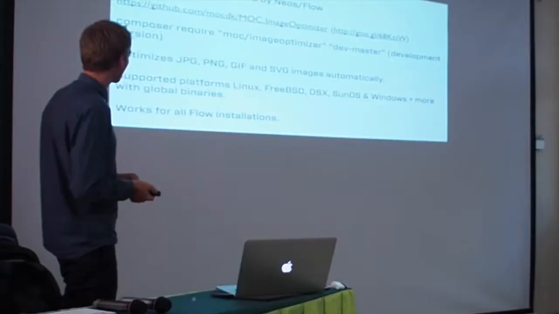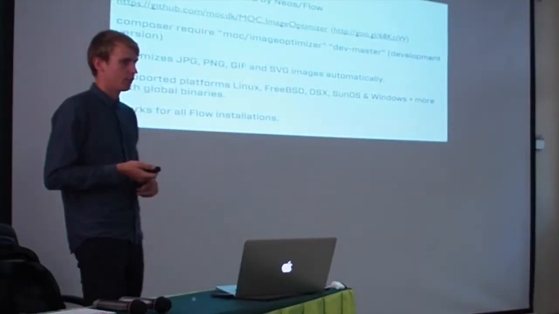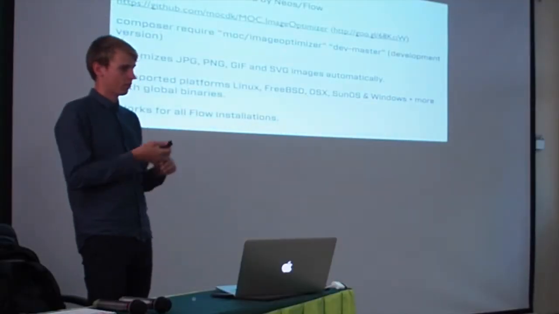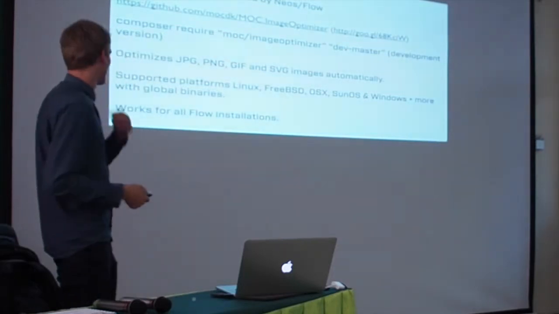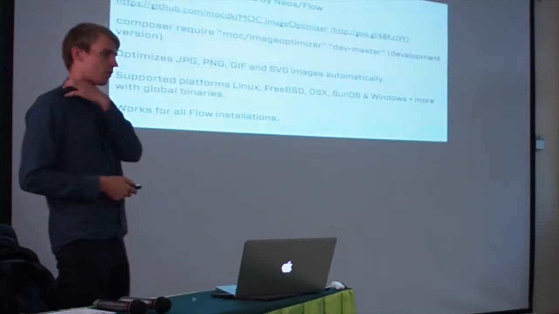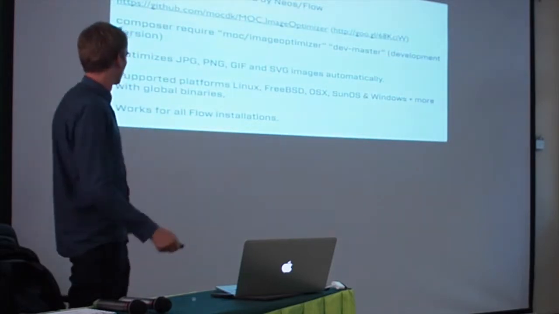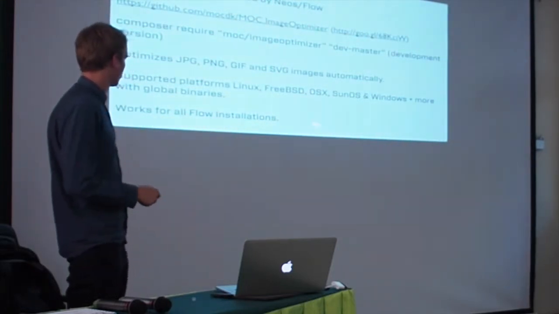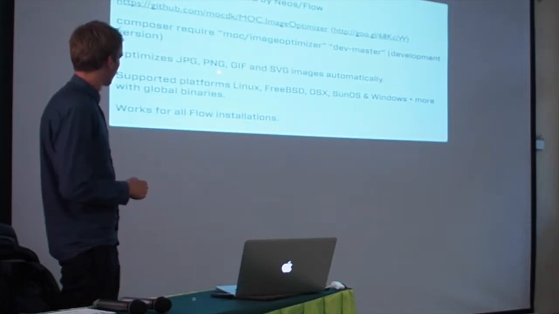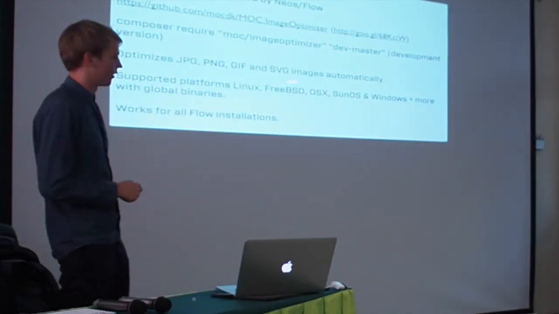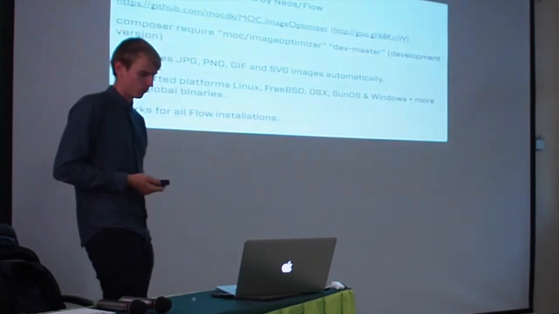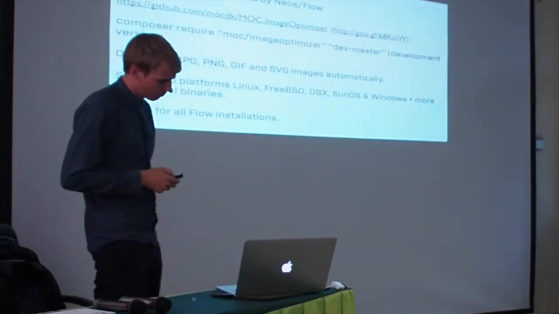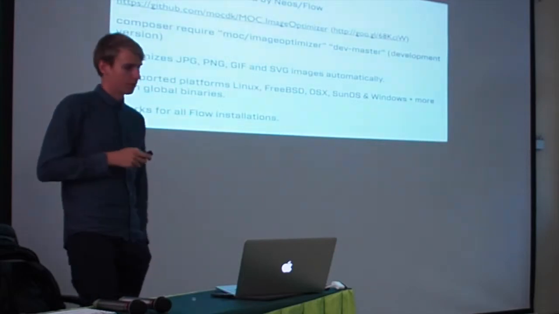Basically, you install the package, make sure the libraries are there, and then it automatically optimizes all of the images that people upload. It works on all platforms, and depending on your server, you can optimize different formats. So use that if you use Neos, I recommend it.